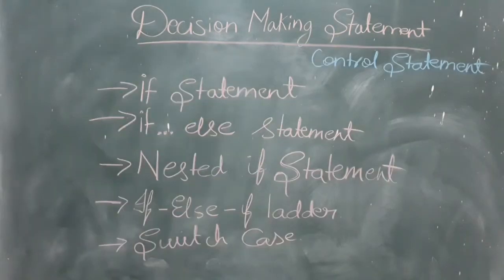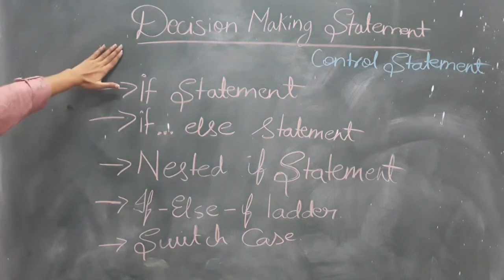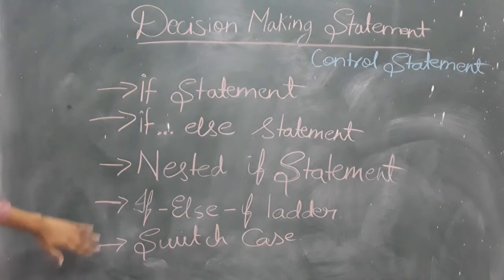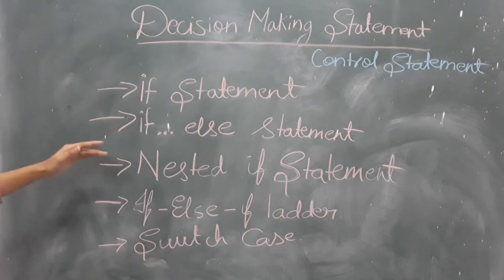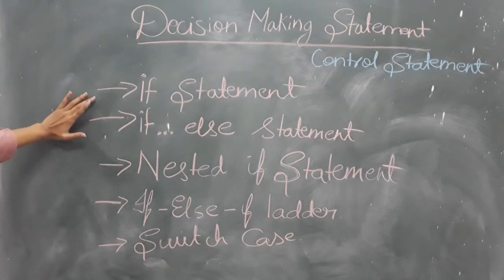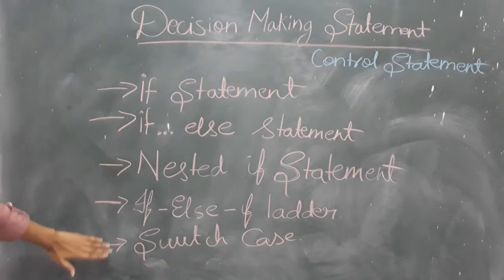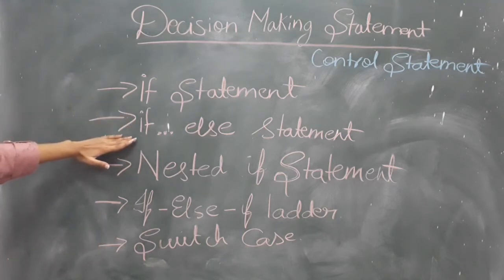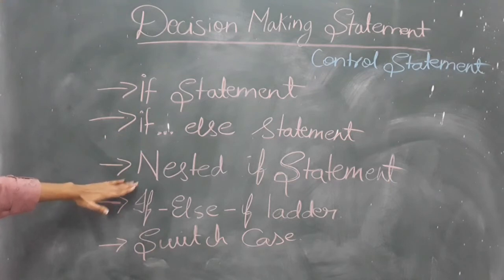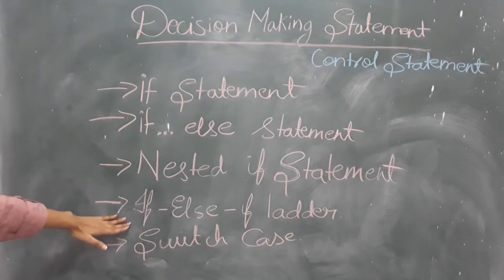Now what is the next thing? These decision making statements are of many types. Okay, so we need to put conditions with these statements. Programming languages provide decision making capabilities, and these are the various forms of decision making. The first one is if statement, second is if else statement, third is nested statement, fourth is if-else-if ladder, and the last one is switch case statement.